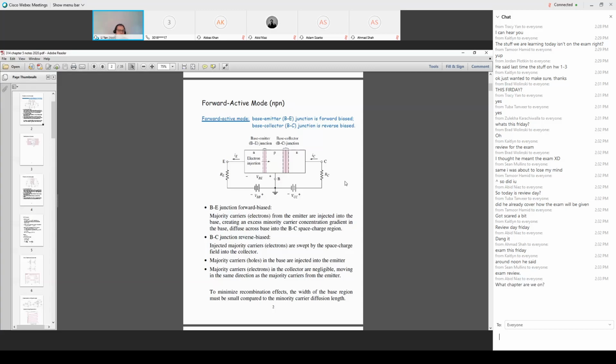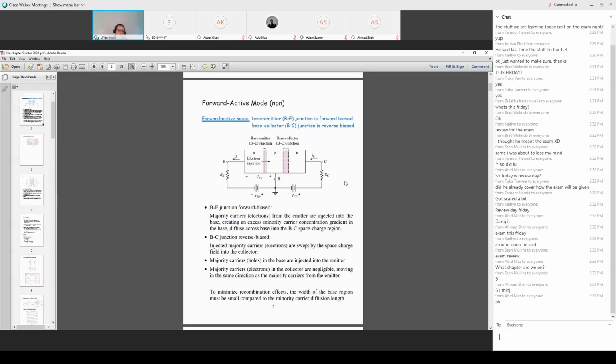Regardless of whether it's NPN or PNP, the conditions are highlighted in blue. The condition for forward active mode is that the base-emitter PN junction should be forward biased, and the base-collector junction, which I call the BC junction, must be reverse biased.